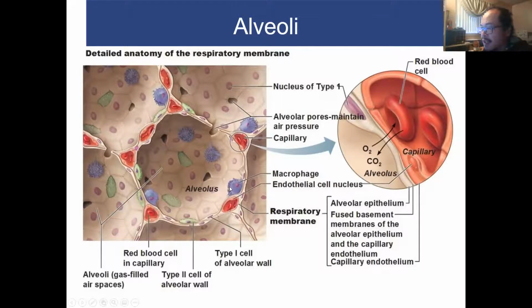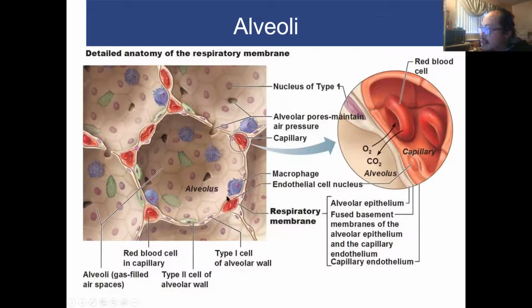You need to know that this region is the interface between the body and the outside world, so the chance of receiving infection, bacteria, and virus is high in this area. So we have the macrophages here to conduct the first line of body defense. Here between the alveoli, we have the capillary, the endothelium cell of the capillary.